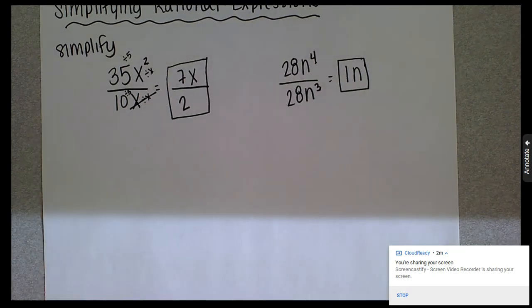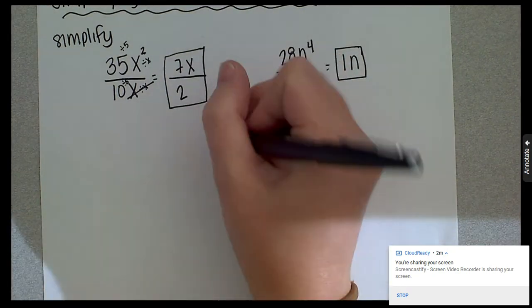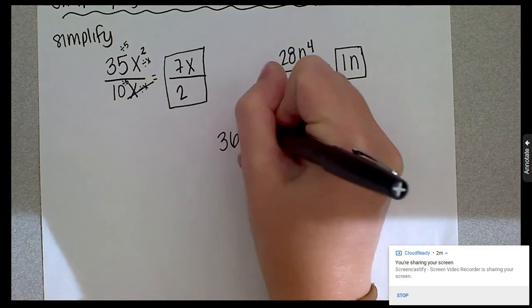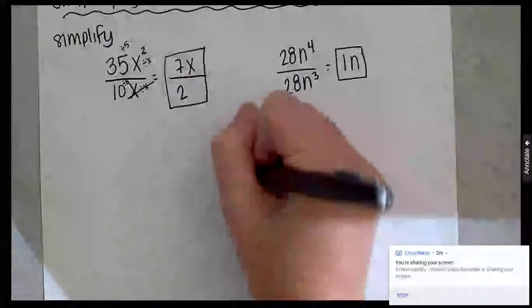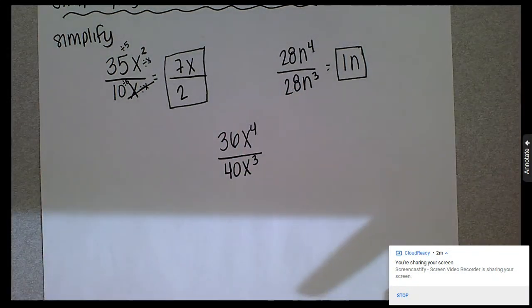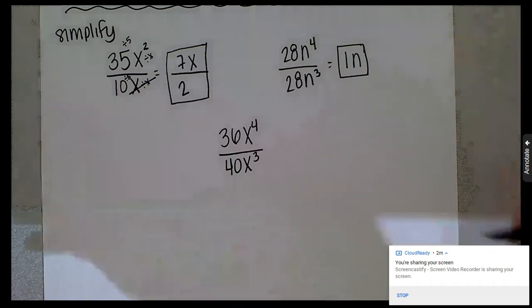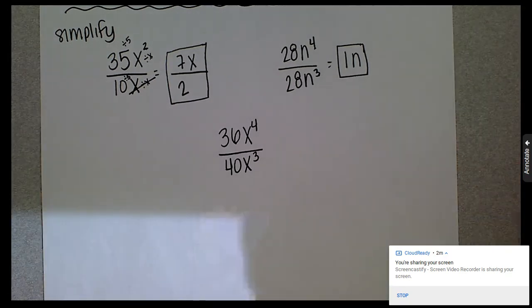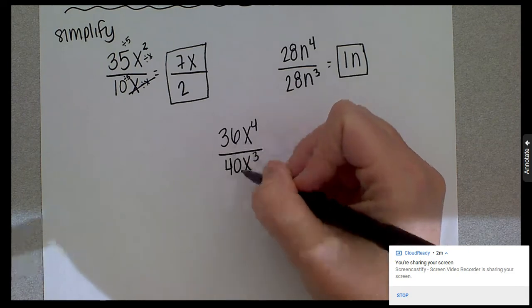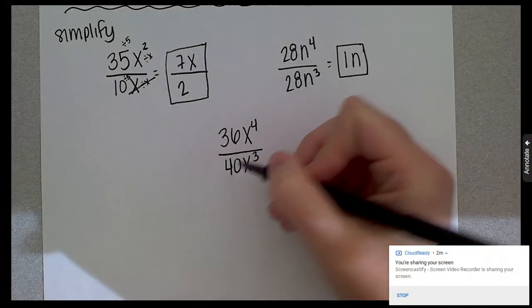So let's try just one more kind of similar to that, and then we're going to look at the next thing because we're going to relate it back to our good old factoring for the next part. So if I had a problem like this, I'd say, okay, I want to simplify this. Can I reduce it? Does anything cancel? Stuff like that. Sorry for the weird shadows as well. But I look at my coefficients first. 36 over 40, I'm going to reduce.